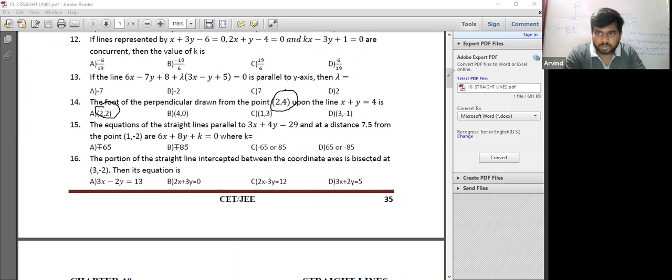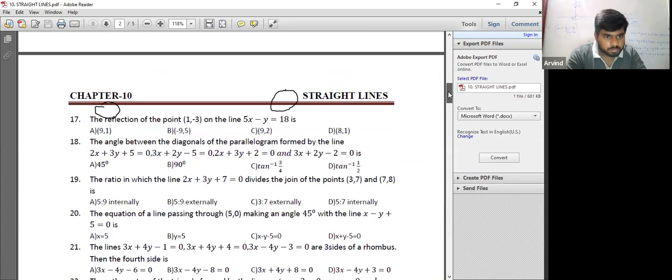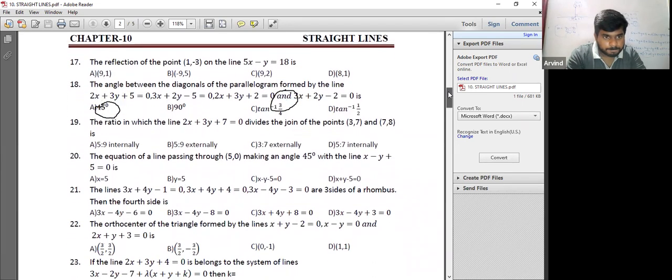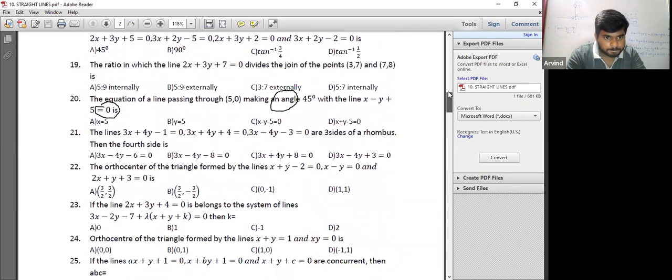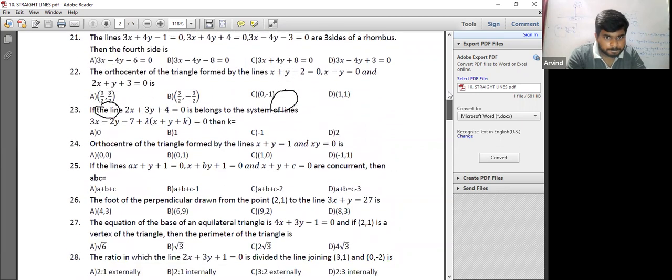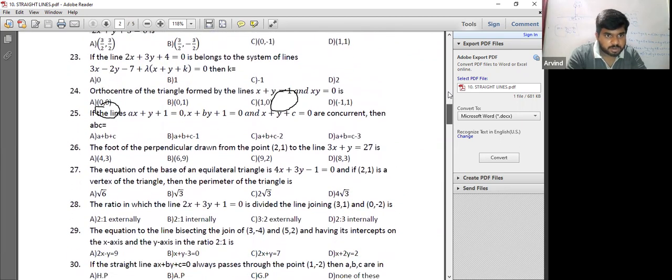Same thing. There is another question I'll show you. Once again, see the 25th one: if the lines are concurrent, then find ABC, same thing, you only have to use the determinant formula. One second. There was another question.